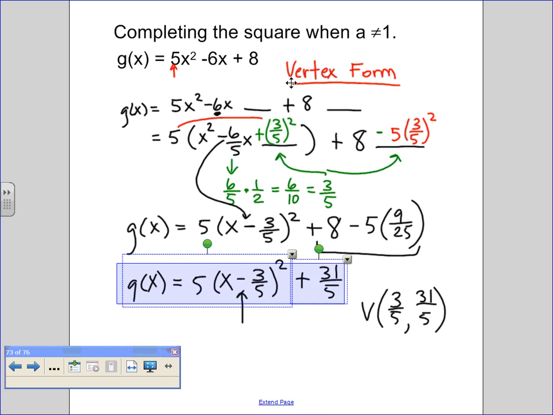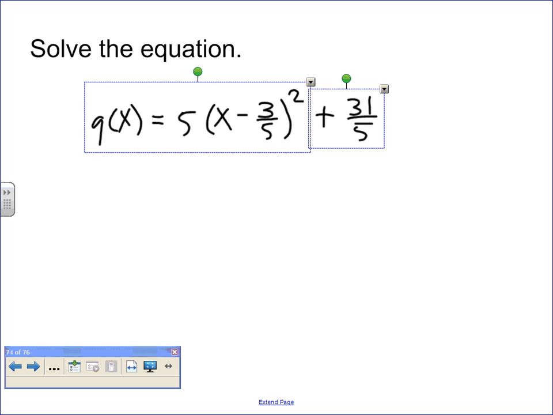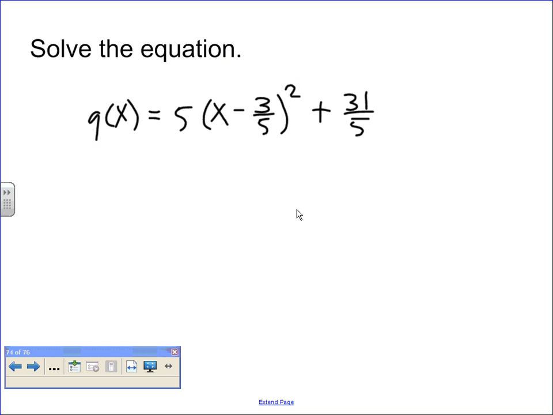So now let's take this, and let's say the task was maybe not just to put it in vertex form, but maybe to solve for this quadratic. If I'm going to solve, then I first of all need to set it equal to 0. So 5 times the quantity of x minus 3/5 squared plus 31 over 5 is equal to 0.